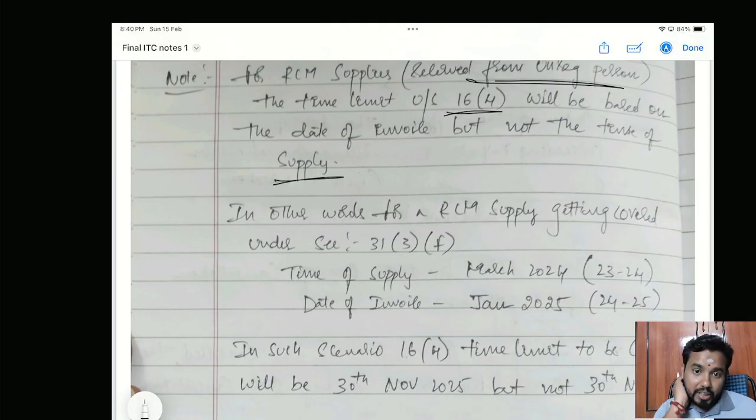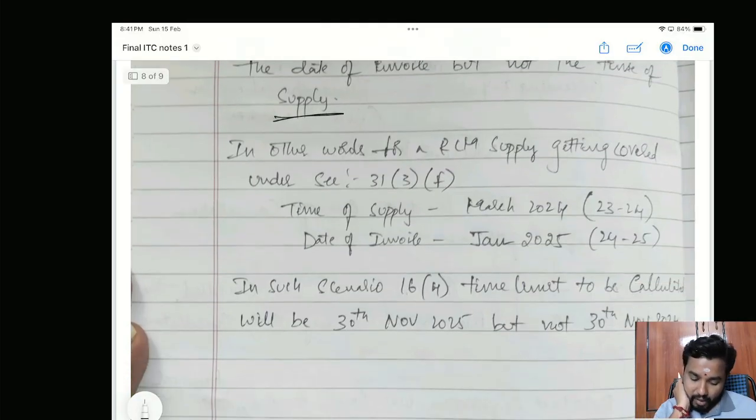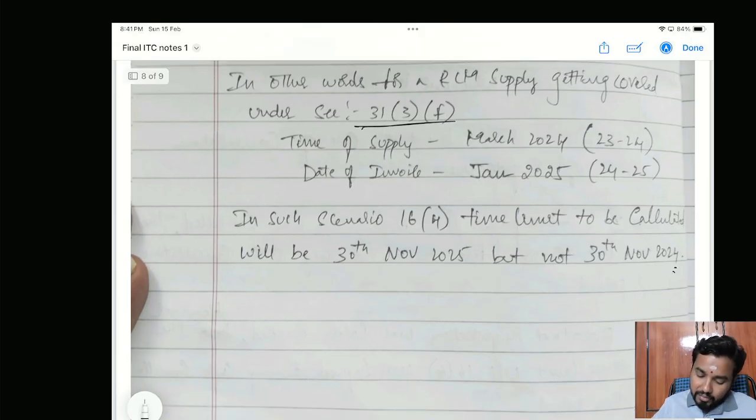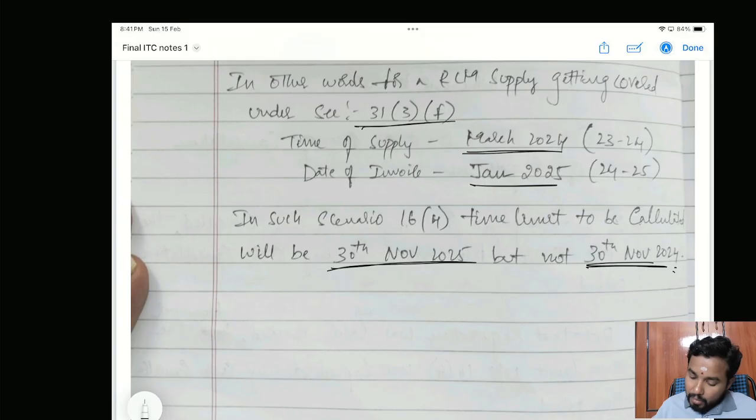For example, for an RCM supply covered under section 31 subsection 3 clause F, the time of supply is March 2024, when they supplied the service, but the date of invoice is January 2025. In such a scenario, the 16/4 time limit will be 30th November 2025, but not 30th November 2024.